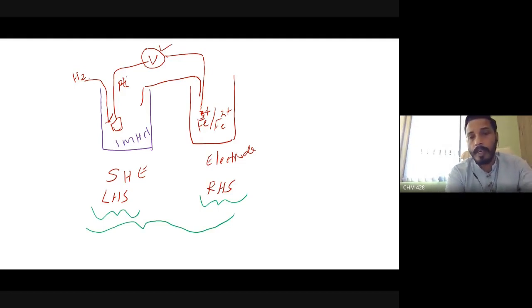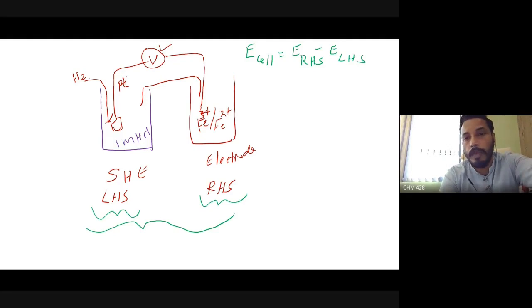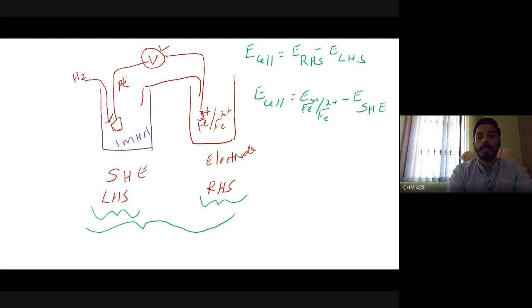According to IUPAC convention, the potential difference you measure in the voltmeter, E cell, is equal to E RHS minus E LHS, right hand side minus left hand side. Which means E cell is equal to E Fe3+|Fe2+ minus E SHE, because your left hand side happens to be the SHE electrode.